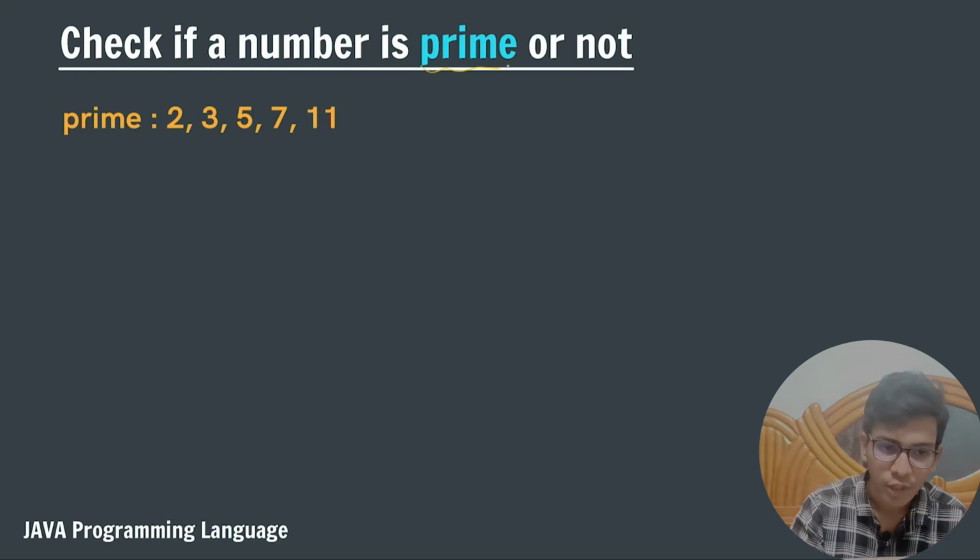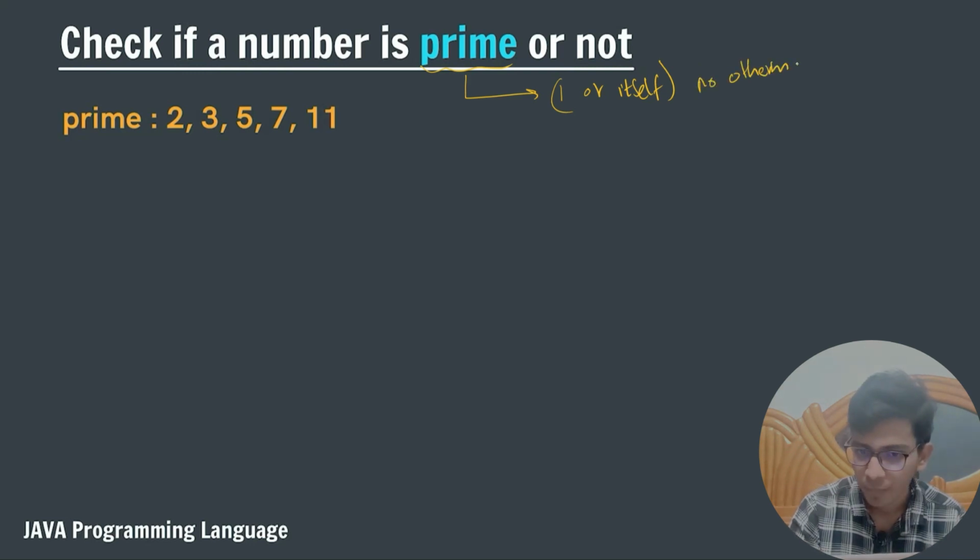So in maths, we know that a prime number only has two multiples, that is 1 or itself, right? We can simply say that it is not divisible by any other number except 1 or the number itself, that is n.